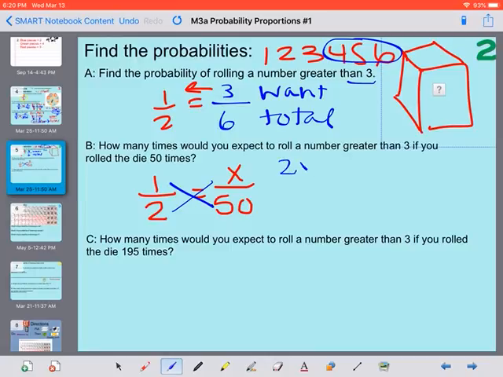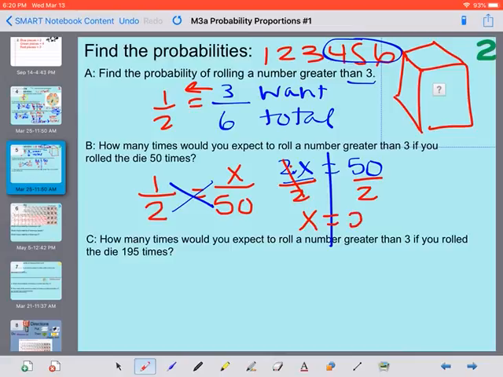But if you use the same strategy, 2 times x is 2x. 1 times 50 is 50. And then the opposite of multiplying by 2 is dividing by 2. 2 divided by 2 is 1, 1x. And half of 50 is 25. Half of the time we should land on a number greater than 3. Half the numbers are greater than 3.